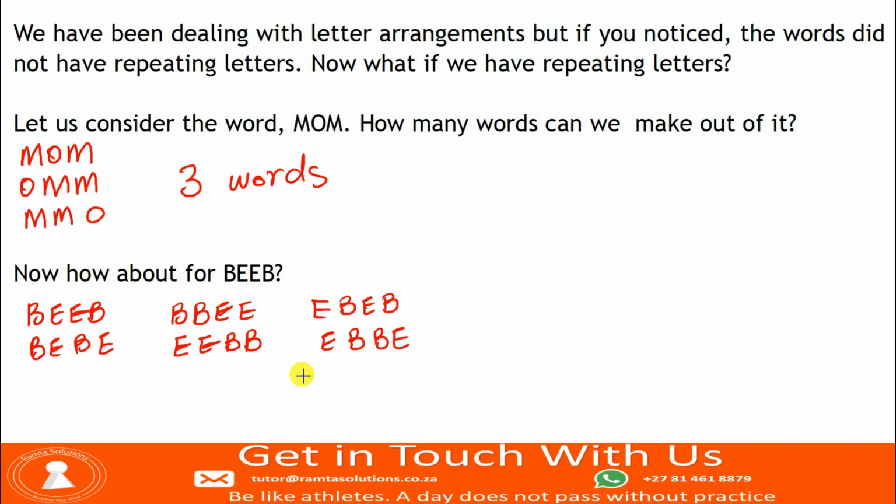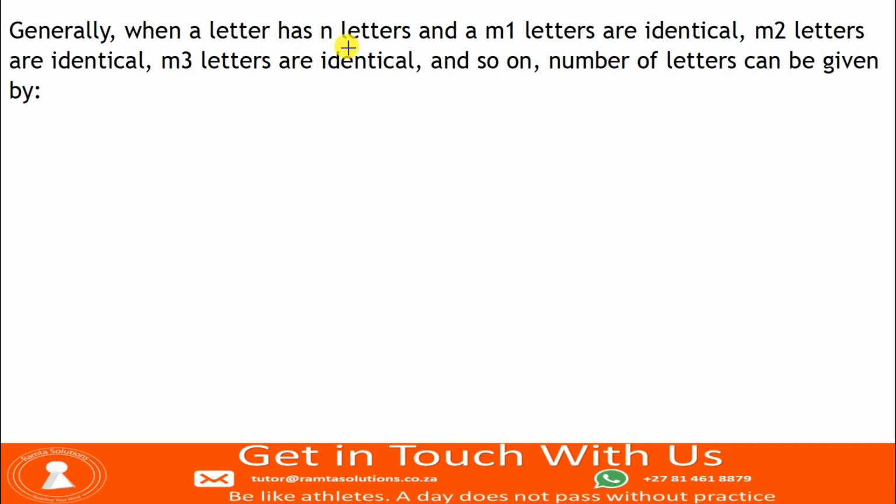So let's go to the next page and say, generally, when a word has n letters, and this M1 is basically M sub 1, and this is M sub 2, and this is M sub 3. So let's start afresh.